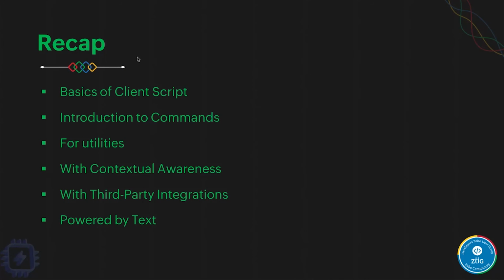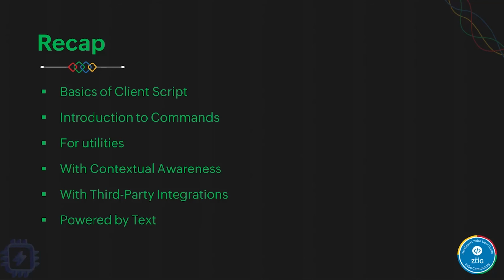So a recap of today's session: we saw what client scripts are and how great they are, and how they are in some ways limited, and how commands break those limitations and give you a little bit more control over your client scripts and your UI interface, and how you can use it for utilities throughout your CRM user interface without being tied down to a module or a layout or a record or an event.